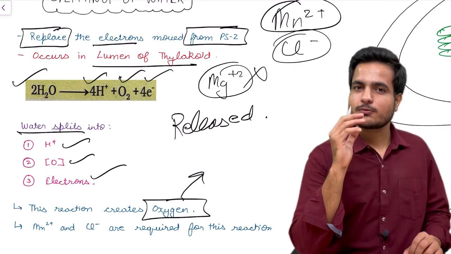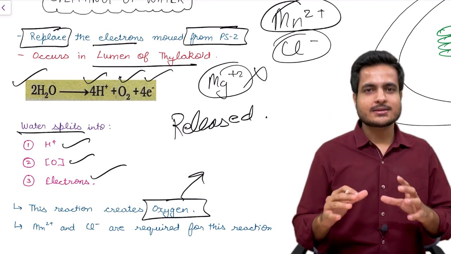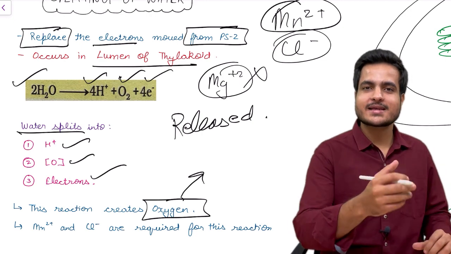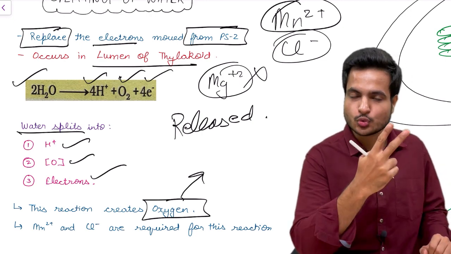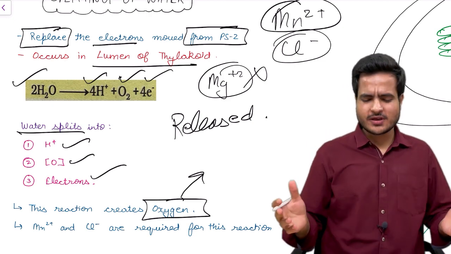The electron transport system leads to the formation of ATP and NADPH, and the 2 steps left in this light reaction are splitting of water to replace the electrons of photosystem 2 and release of oxygen to the atmosphere. With this, we have finished the discussion.